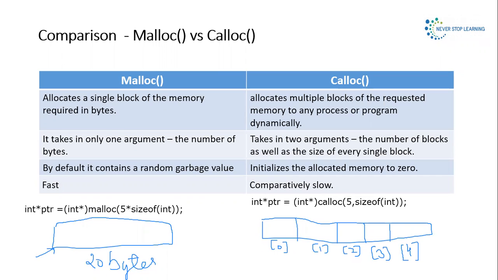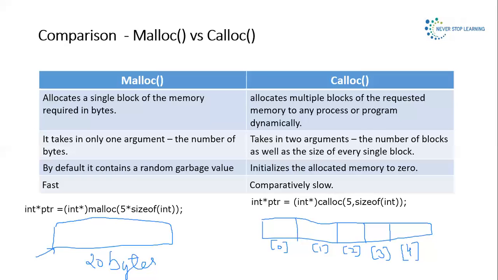Now, another difference is in the arguments. Here we are talking about the syntax. As you can see, malloc takes only one argument, that is, the number of bytes you want. Whereas in calloc, we have to mention the number of blocks as well as the size of every single block.